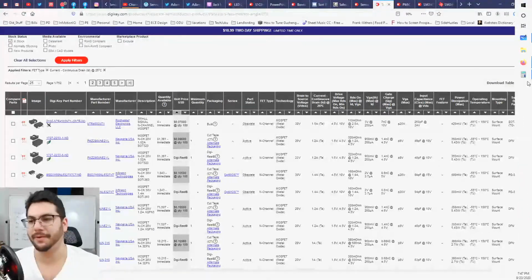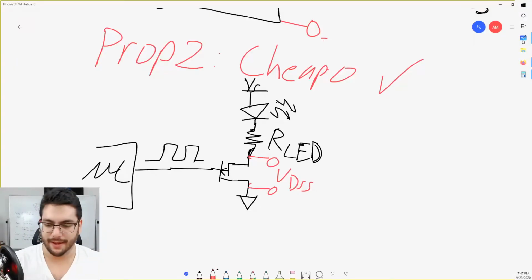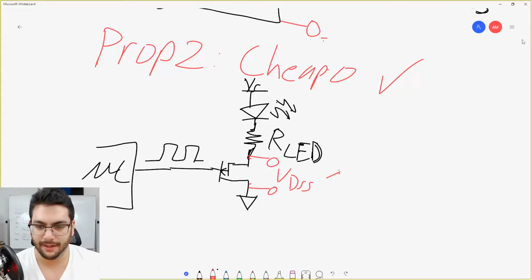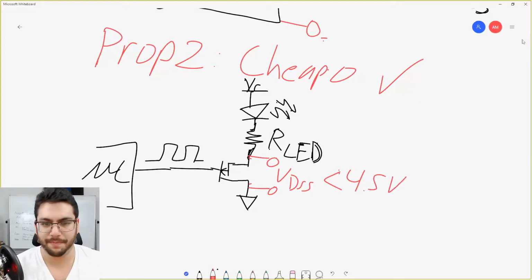All right, so I'm putting together this picture here. VDSS has to be less than 4.5 volts. This guy right here is approximately 3.8 volts.